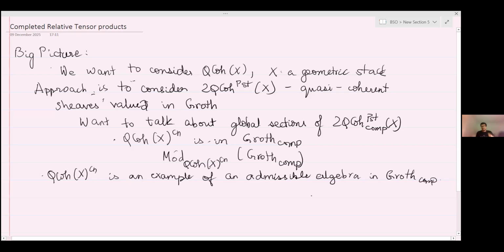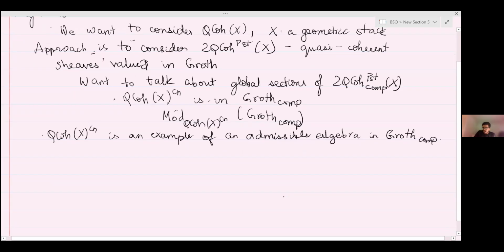So today's talk is going to be about admissible algebras. I don't know why the name admissible is coined, except for the fact that it's only admissible to think about relative tensor products in these.